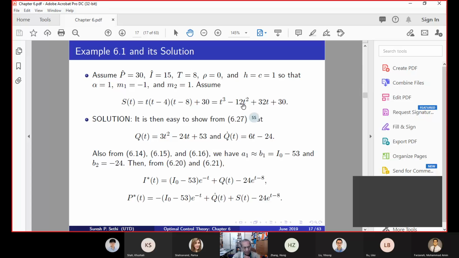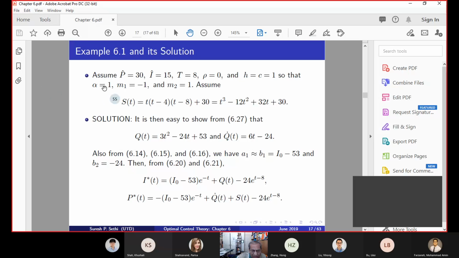So here's an example now. We have a cubic polynomial as our demand. We have a goal level 30. I at goal level is 15. Time is 8. We assume rho equal to 0 for simplification. It's a finite horizon problem. We assume h of c equal to 1 to not have too many variables or too many coefficients, which only make it messy.